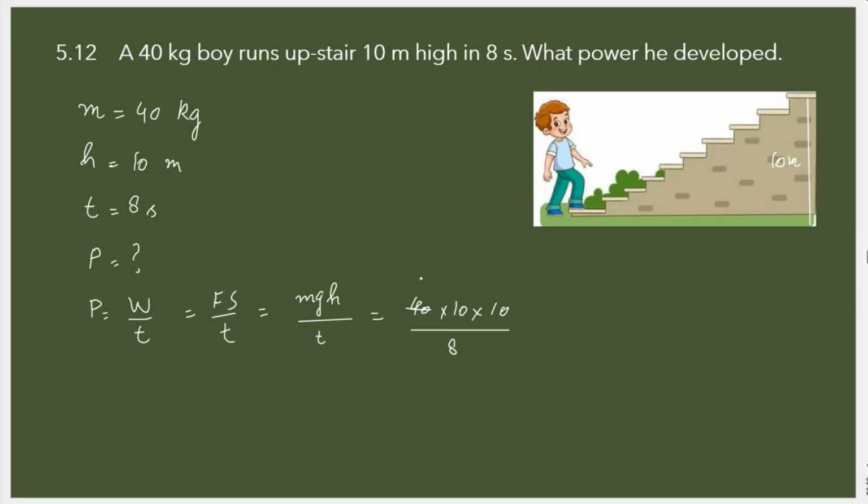So 4 ones are 4 and 4 twos are 8 and 2 fives are 10, and 5 multiplied by 100 will give us 500. And since it is work divided by time, the unit for work is joule and the unit for time is seconds, and joule per second is called watt. So the power will be equal to 500 watts.